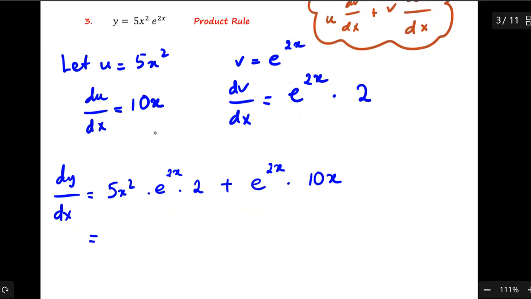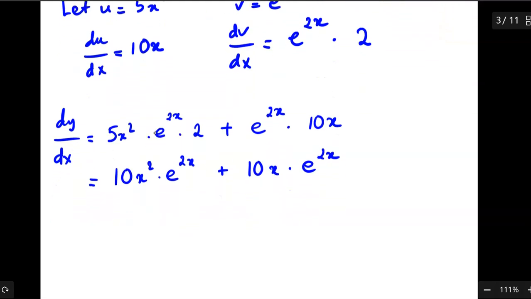Okay, so let's see what we have in this case. I should have 10x squared times e to the 2x plus 10x times e to the 2x. So we have to simplify our answer. Simplifying our answer means that we must find the common factor.